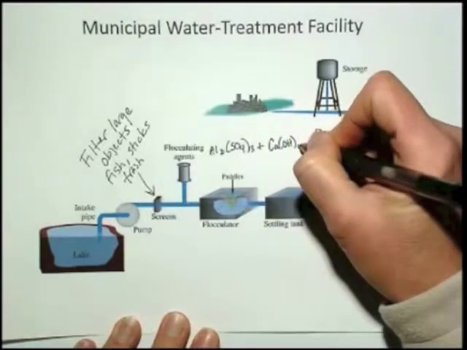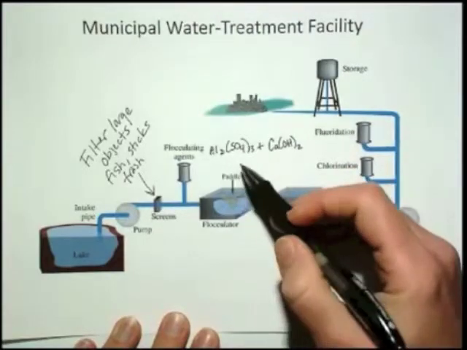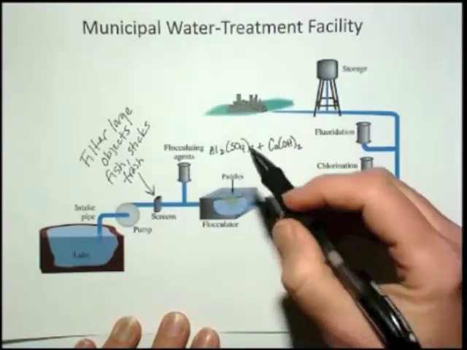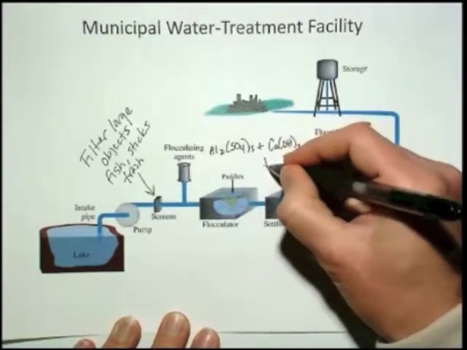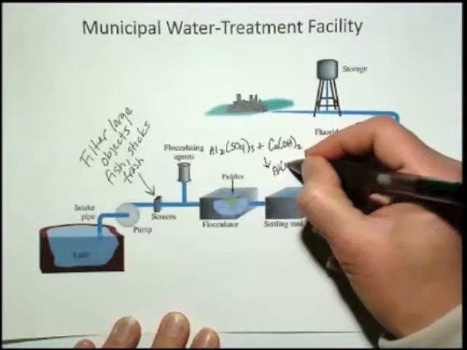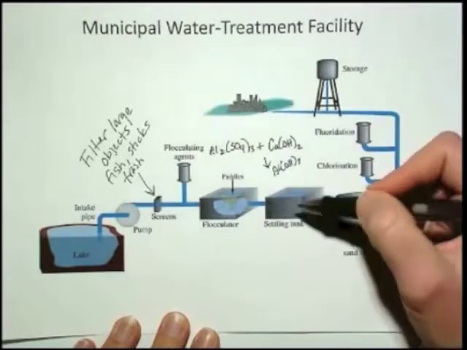Okay, and these compounds will dissolve in the water slightly, and they will recombine to give aluminum hydroxide, and then calcium sulfate will just stay dissolved in the water.